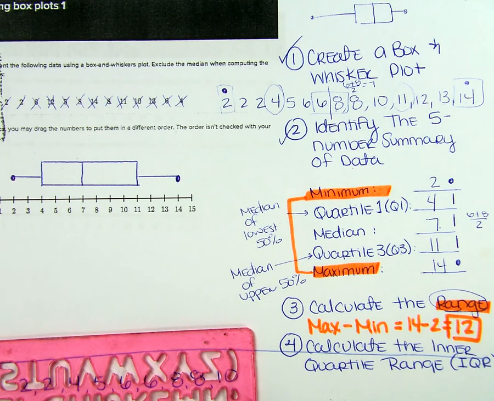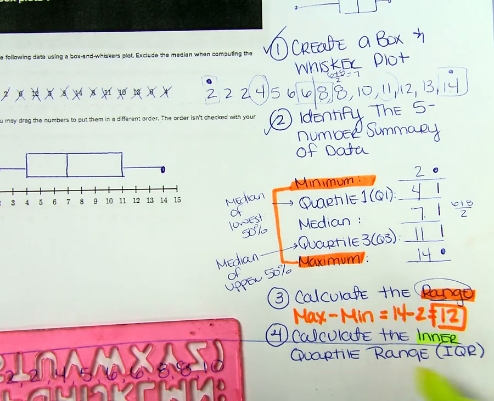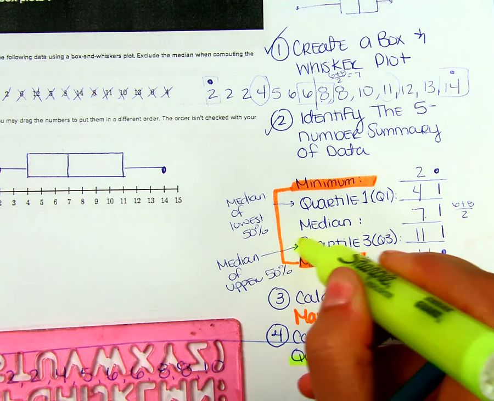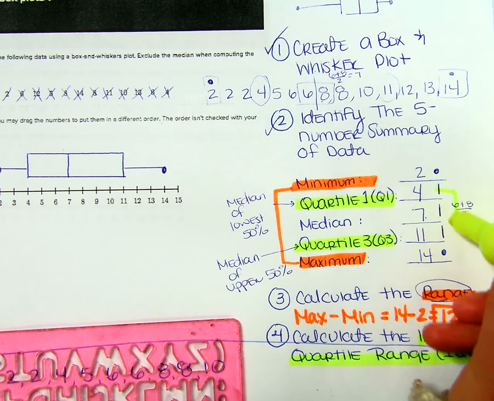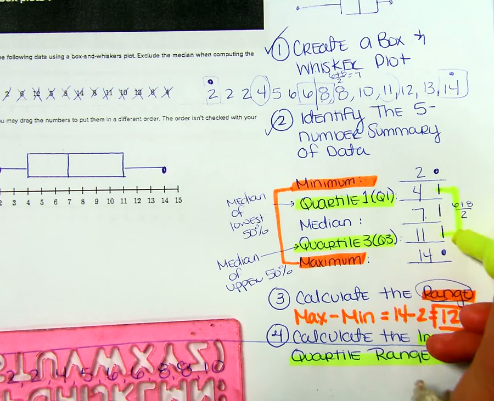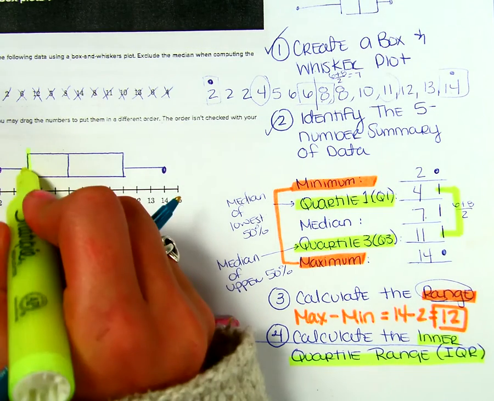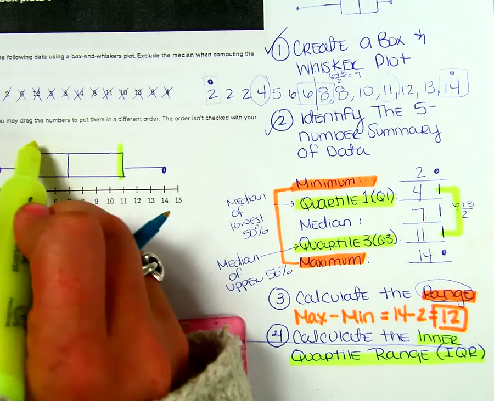Lastly, we're going to calculate what's called the interquartile range. And the interquartile range is quartile 3 minus quartile 1, which essentially says how spread out is this box. Okay, how spread apart is the box.